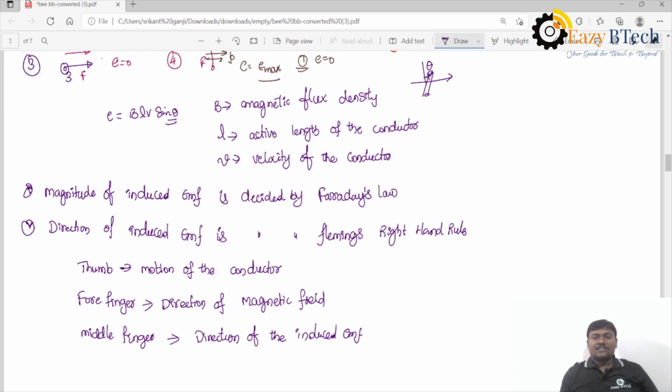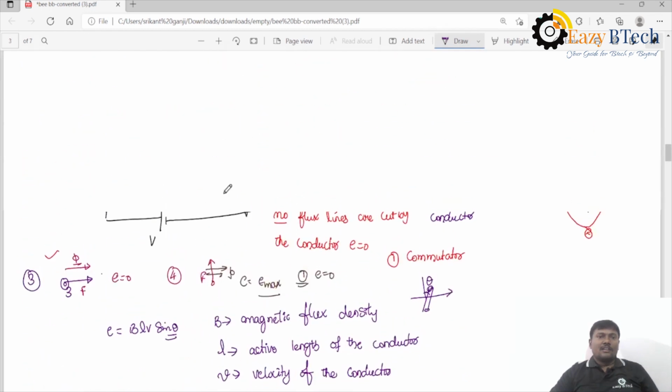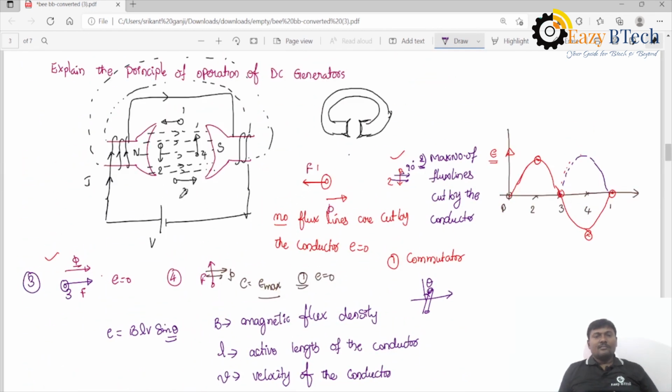Let's check this diagram. At second position, the tangential force acting on the conductor is downwards, and the flux lines are coming from north pole to south pole like this, and the current is coming outwards.